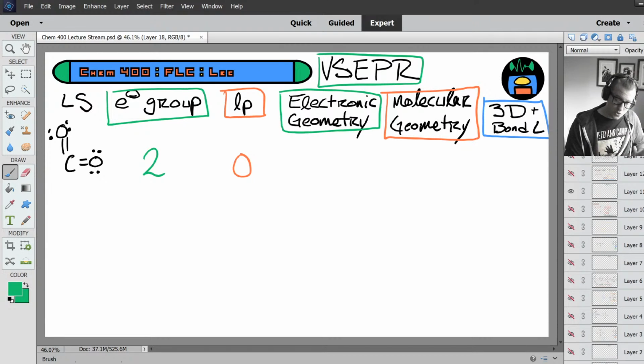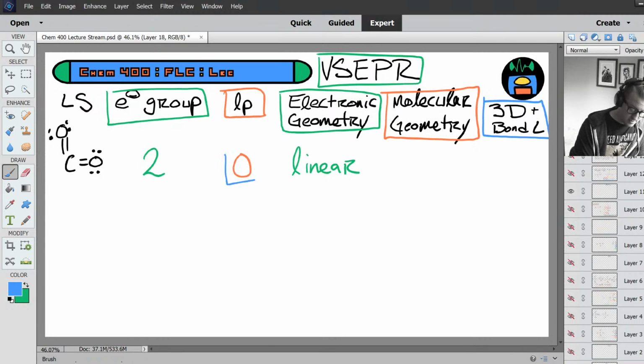If you have 2 electron groups around your central atom, your electronic geometry is linear, always. Now, when you have 0 lone pairs, your electronic geometry will equal your molecular geometry. Every time you have 0 lone pairs, they're the same. So for this molecule, our molecular geometry is linear.